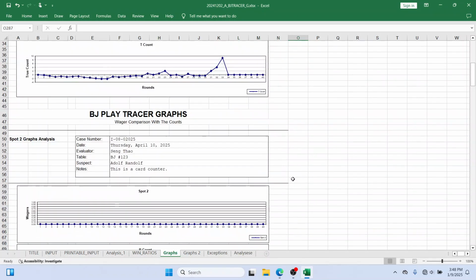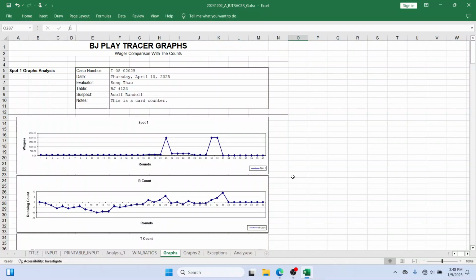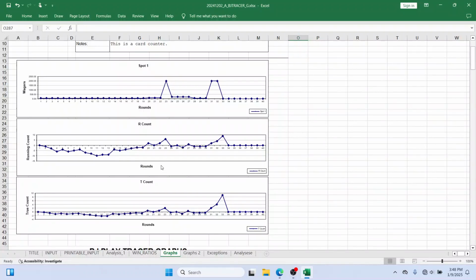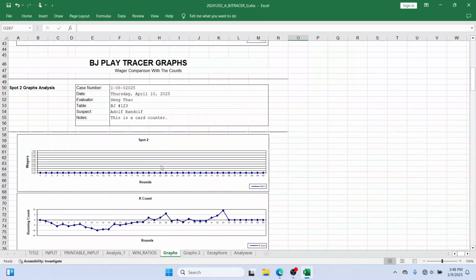So you analyze not just one player, as in this example spot 1, but all 7 players at that blackjack table.